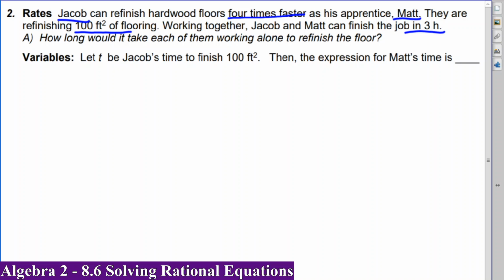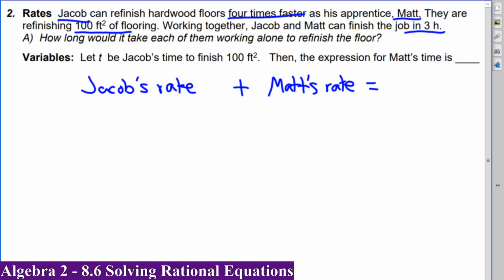All right? So we're still going to approach this the exact same way. We're going to have Jacob's rate plus Matt's rate has to equal their combined rate.